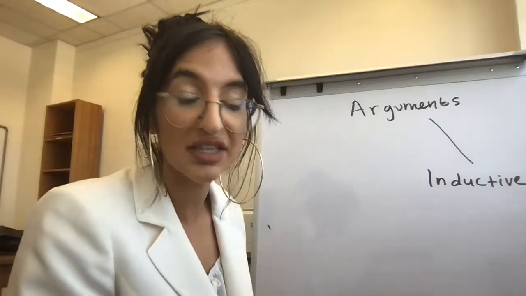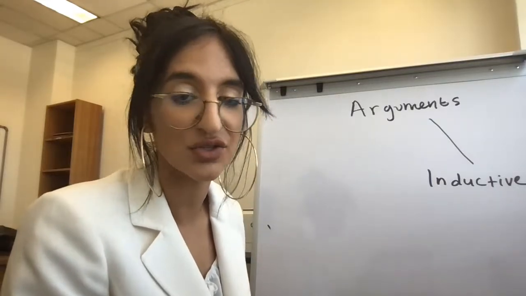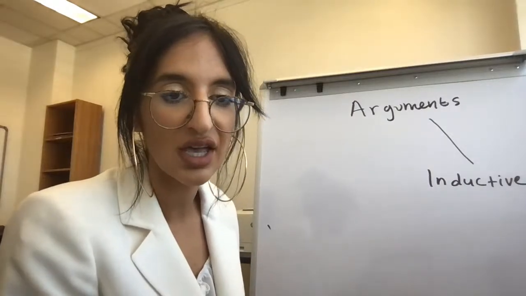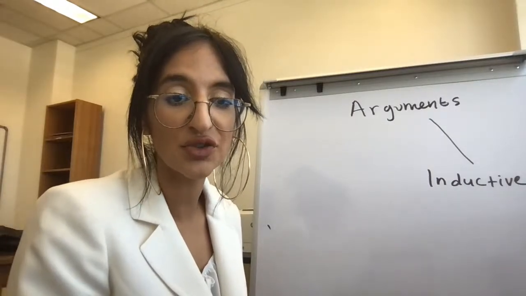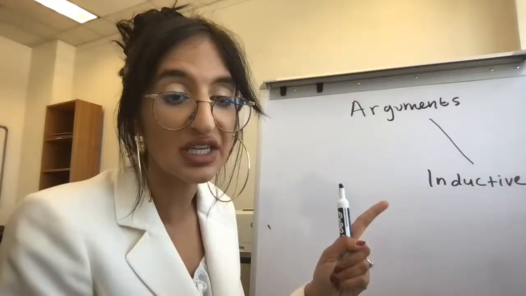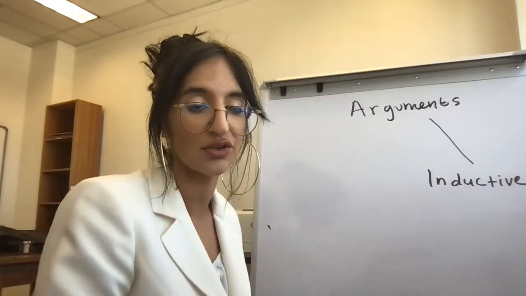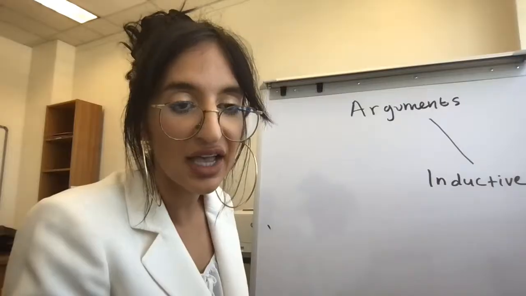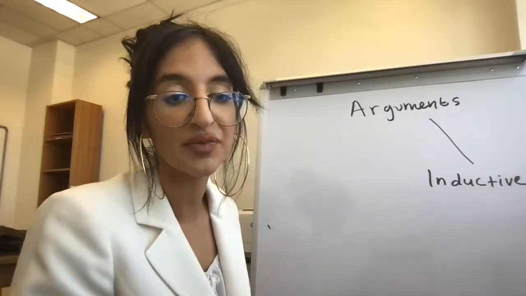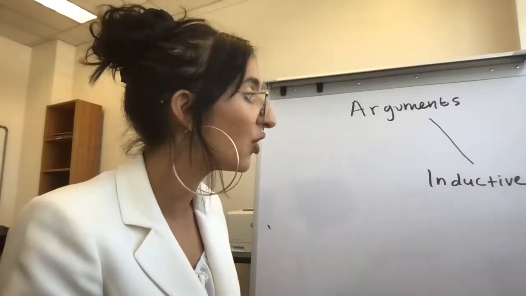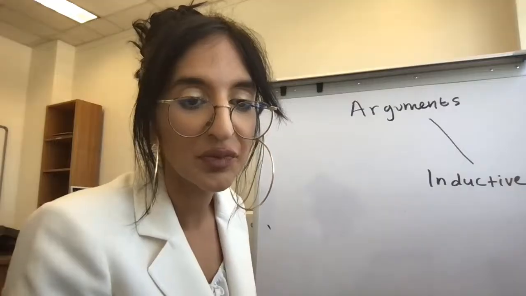So this will be in the slides I send as well, so you'll have all these resources. In inductive arguments, the truth of the premises do not guarantee with certainty the truth of the conclusion. Instead, a good inductive argument is what we call inductively strong.